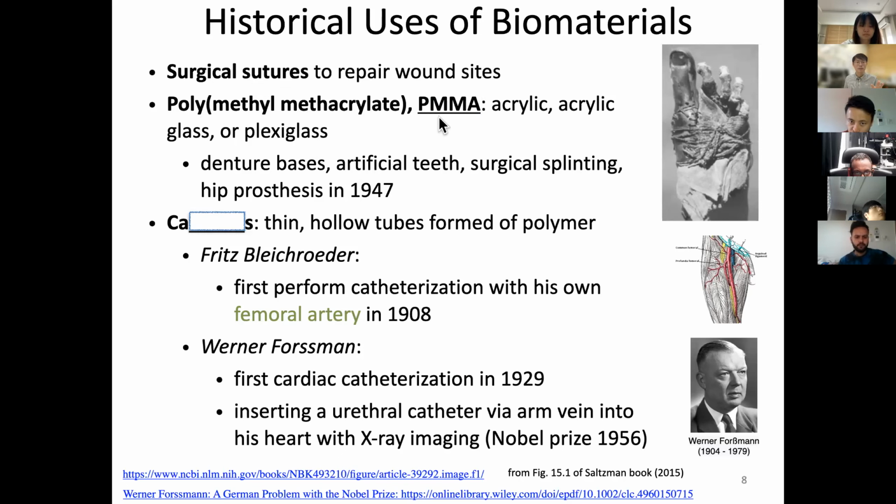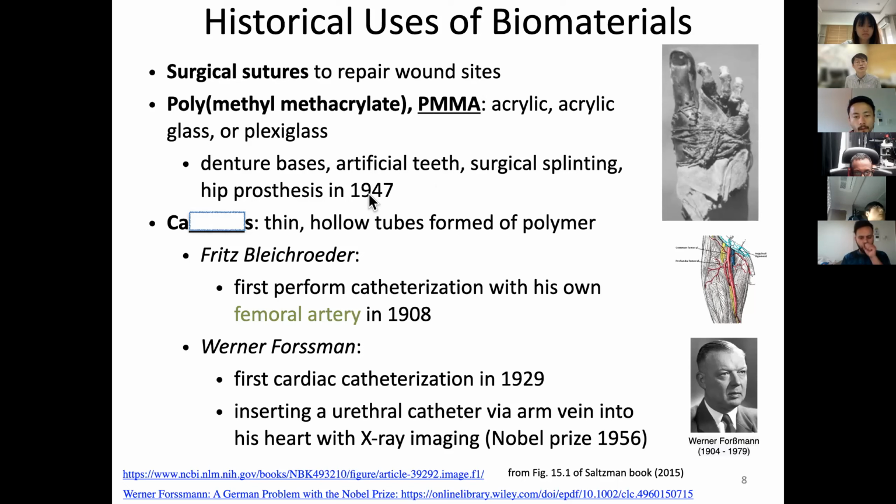Many times we use PMMA, which is basically acrylic glass or plexiglass. It has been used for denture bases, artificial teeth, surgical splinting, and hip prostheses in 1947, about 70 years ago.